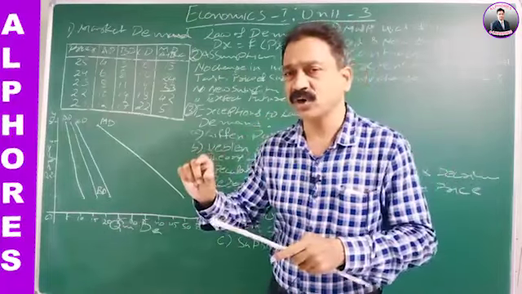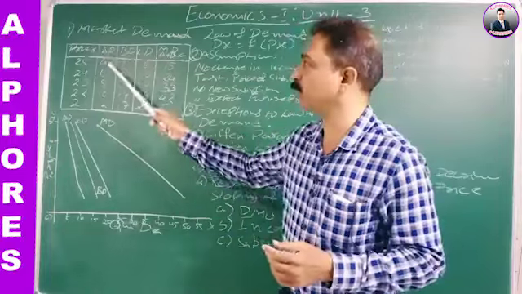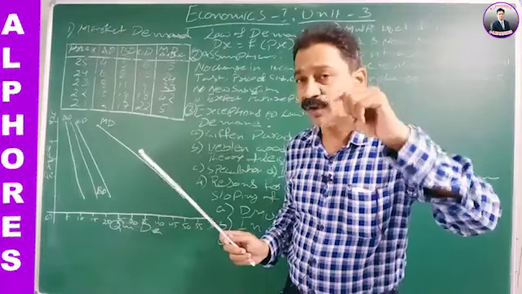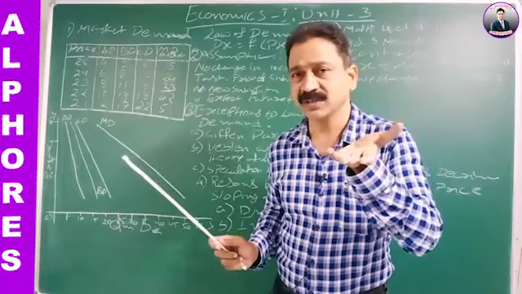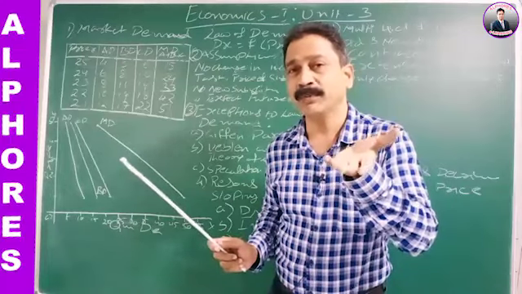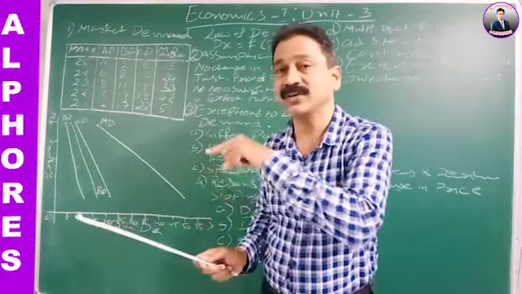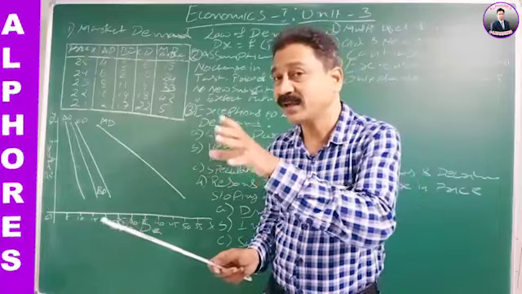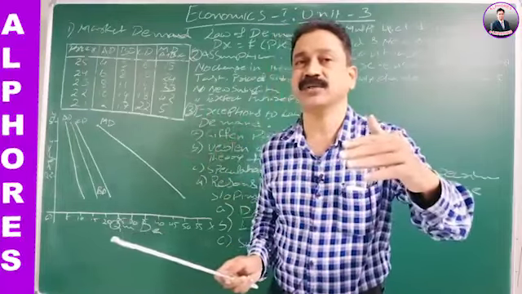Even though the meat price did not increase, its demand decreased, because these low income group people have a limited, fixed income. Out of that fixed income, they have to purchase the bread. If the bread price increases, they have to go for more bread, because they have to sacrifice the meat, which is costlier, dearer. So when they are leaving the meat, they have to replace that meat with bread.